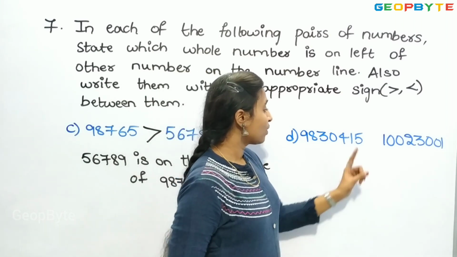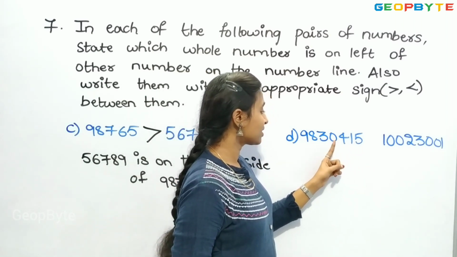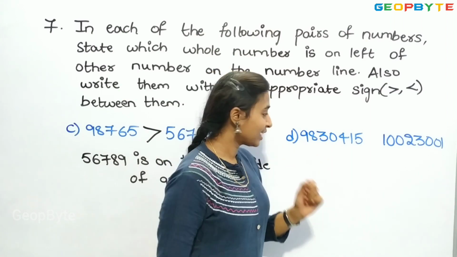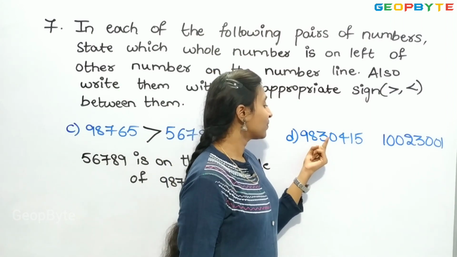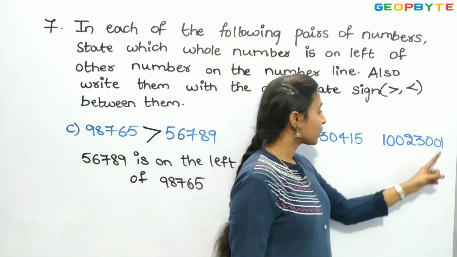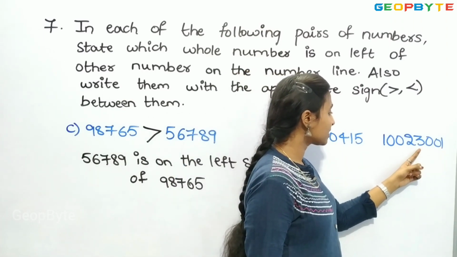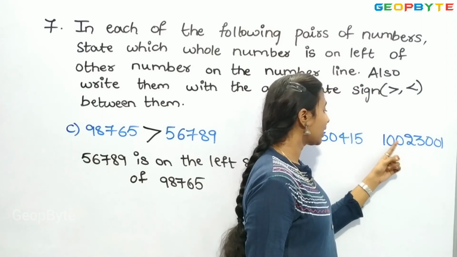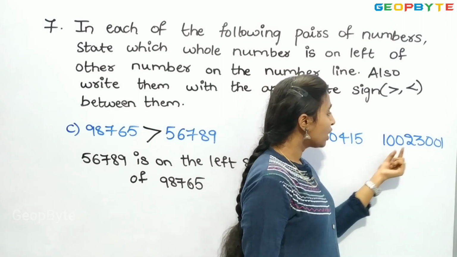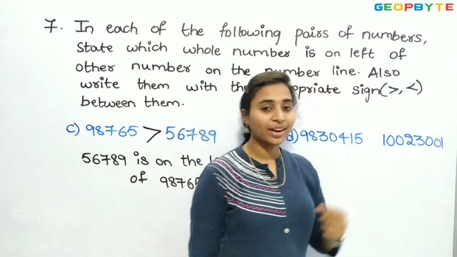We have ones, tens, hundreds, thousands, 10,000s, 1 lakh, 10 lakh. That is 98 lakh 30,415 and ones, tens, hundreds, thousands, 10,000s, 1 lakh, 10 lakh, 1 crore. So 1 crore 23,001.